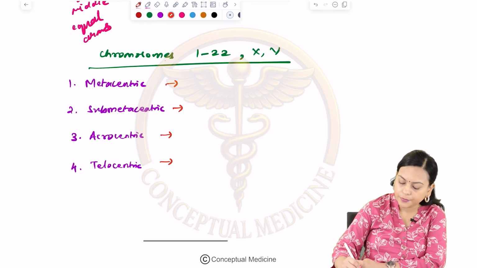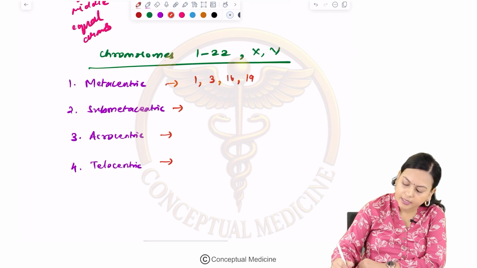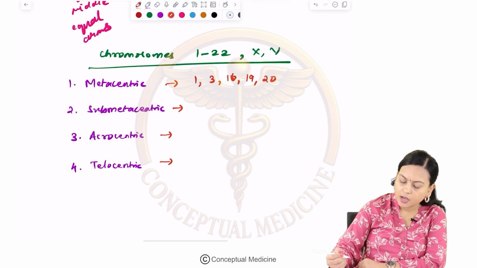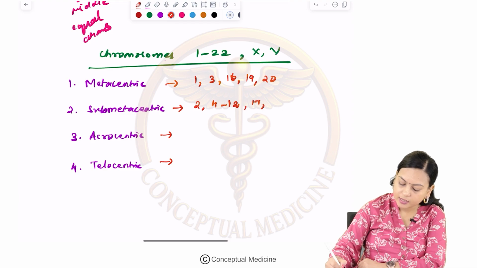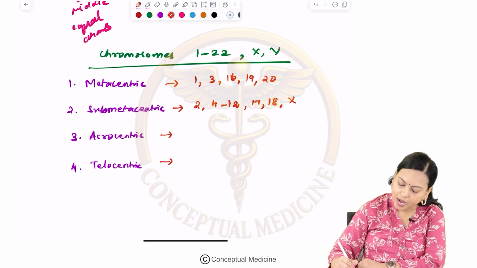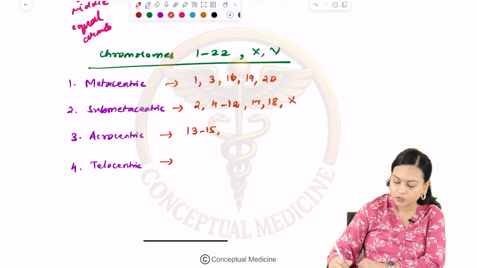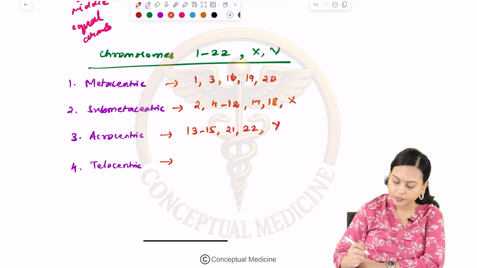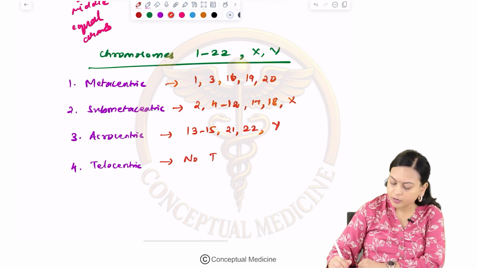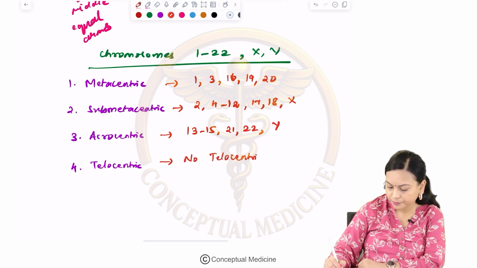Metacentric chromosomes include 1, 3, 16, 19 and 20. Submetacentric chromosomes include 2, 4 to 12, then 17, 18 and your X chromosome. Acrocentric chromosomes include 13 to 15, your 21st and 22nd chromosome along with your Y chromosome. And in humans, there are no telocentric chromosomes.